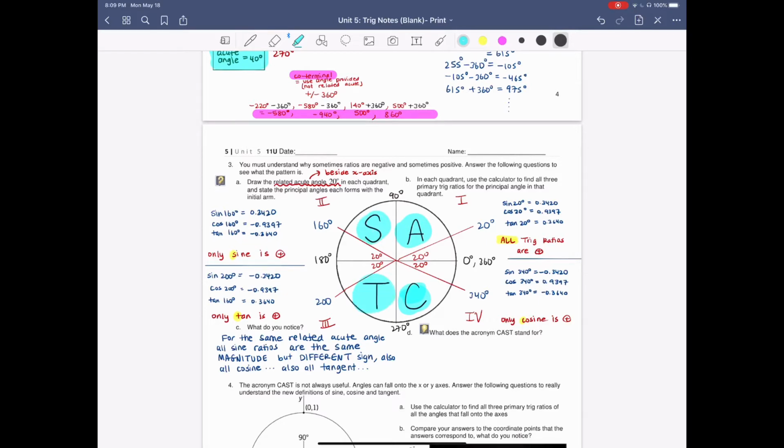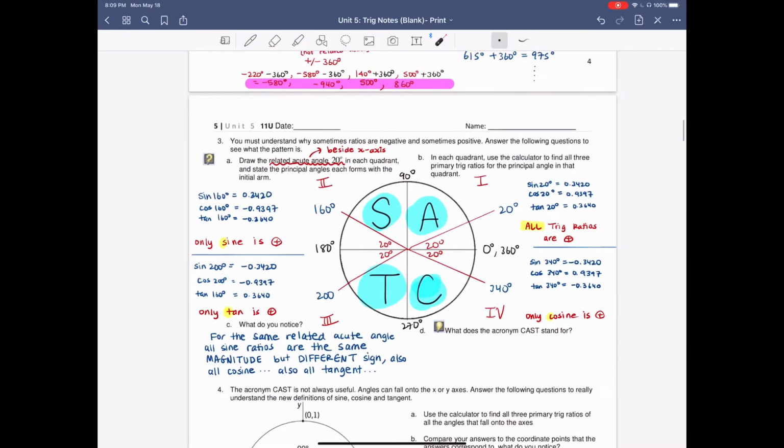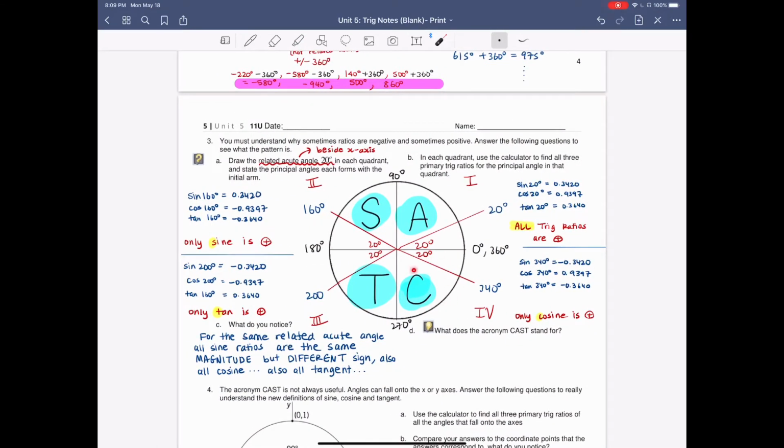This is called the CAST rule because it doesn't matter what angle you're referring to, cosine will always be positive in quadrant 4. In quadrant 1, all the values will be positive. It has to do with the fact that x is positive here and y is positive here.